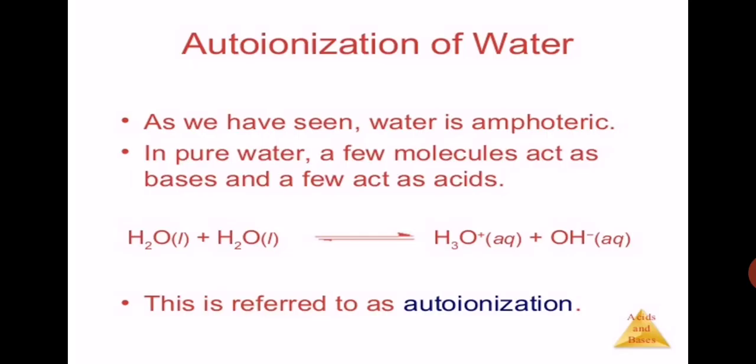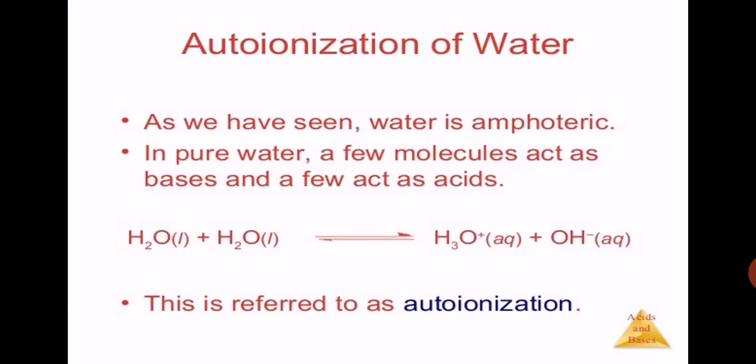The example: autoionization of water. As we have seen, water is amphoteric in nature. In pure water, a few molecules act as bases and a few act as acids. Because of that, water is called amphoteric in nature, or the universal solvent.